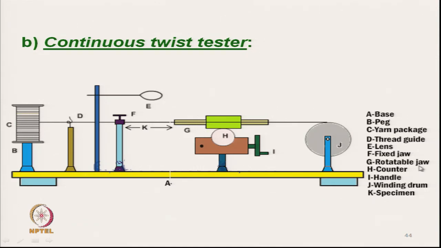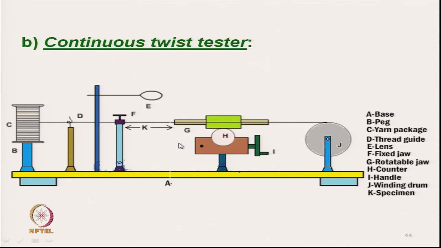G is the rotatable jaw, H is the counter, it counts the number of turns, I is the handle, we can rotate it and the untwisting takes place, J is the winding drum, and K is the specimen.